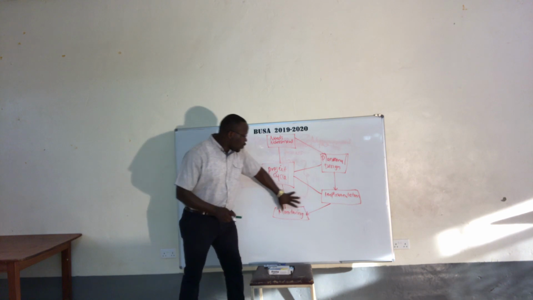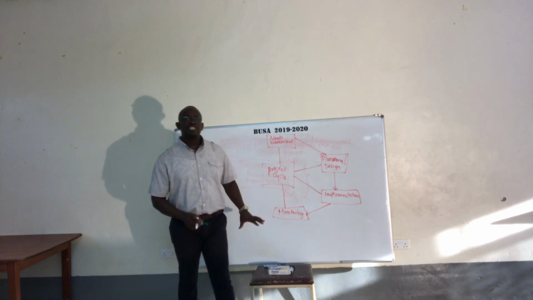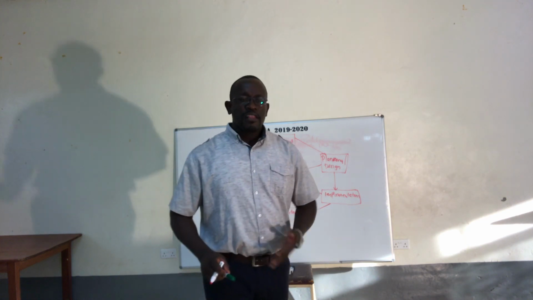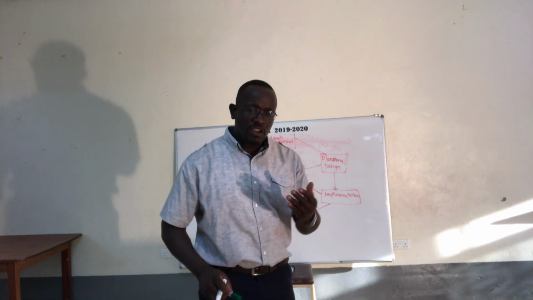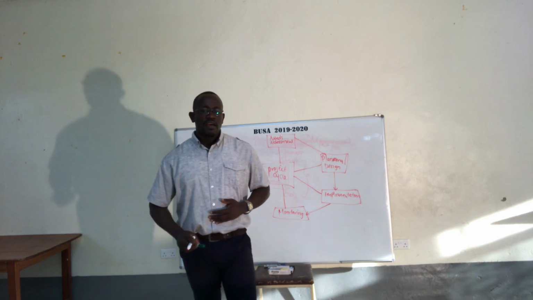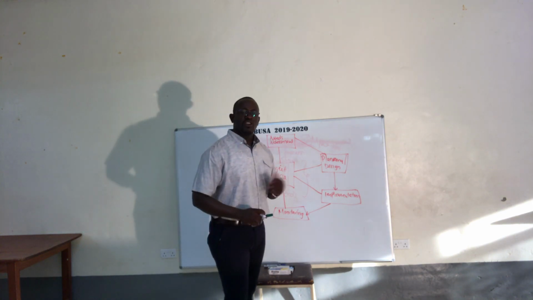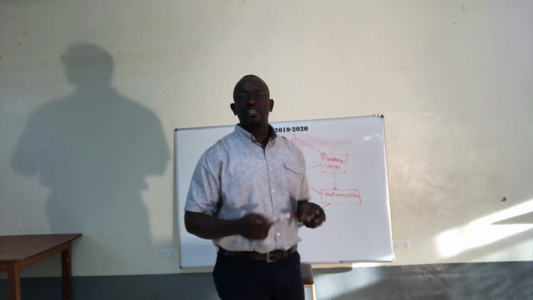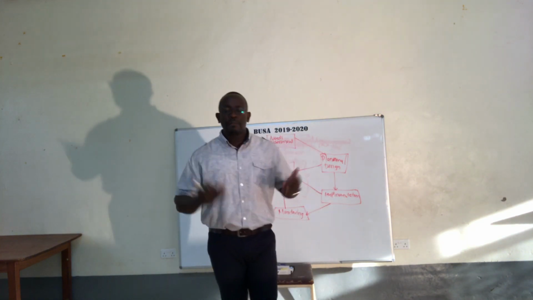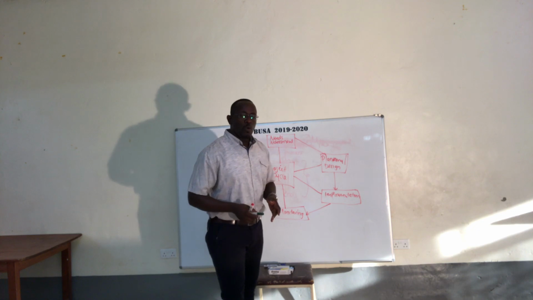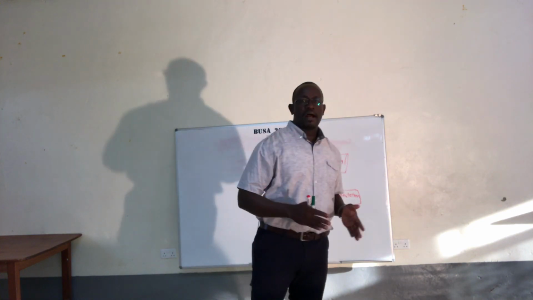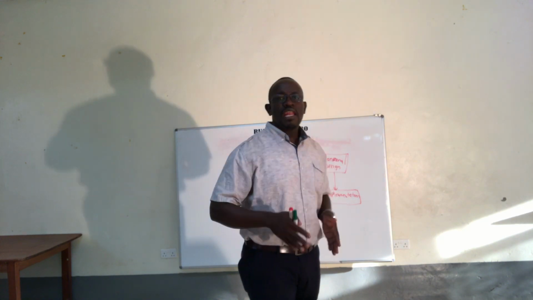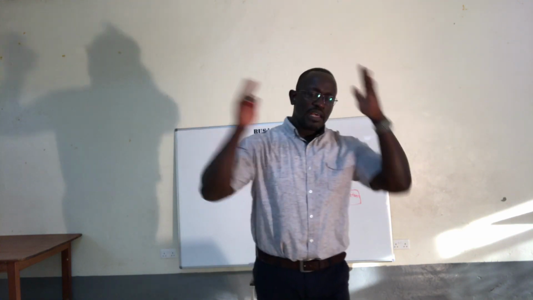So if the activities we're trying to put in place are not according to the plan, not according to the work plan, not according to our design, or are not things that are budgeted for, there is a problem. For example, we budgeted for a double cabin for the organization, but we end up buying motorcycles and a double cabin.